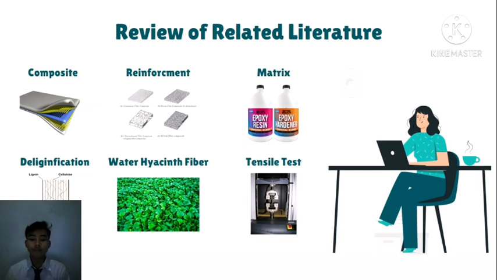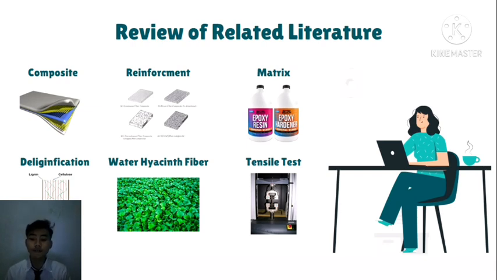Fourth, delignification. Delignification is a process of removal of lignin in fiber material so that the result of this process is in the form of cellulose with considerable purity. Fifth, water hyacinth fiber. Water hyacinth is one of the weed growths in the water area that live floating in the water.